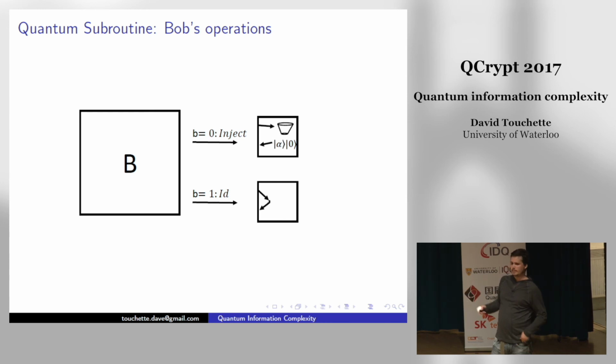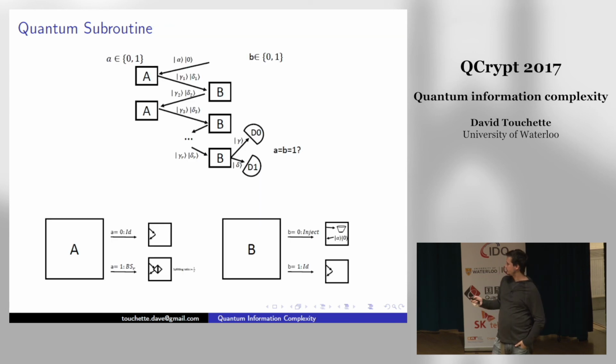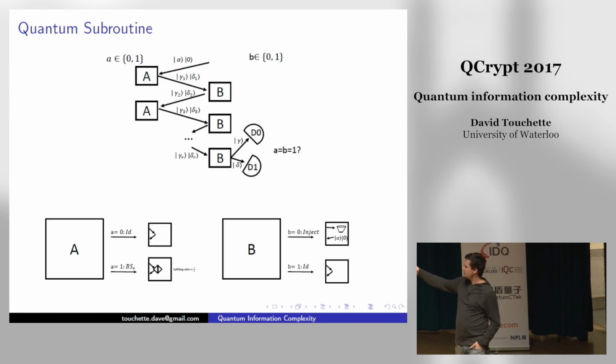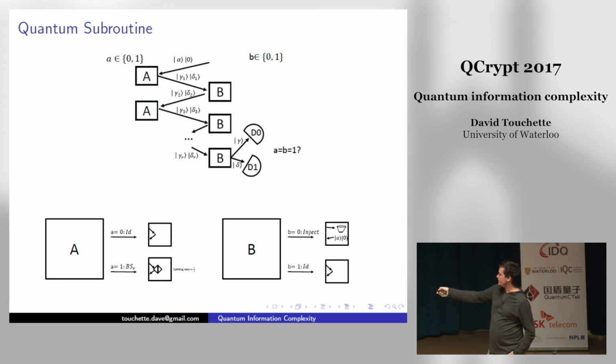But in the case where his input is also 1, he wants to let Alice rotate from the alpha 0 to the 0 alpha state, so he just directly sends this back to Alice. Putting all of this together, the only time Alice can flip from alpha 0 all the way up to 0 alpha is when both these inputs are equal to 1.